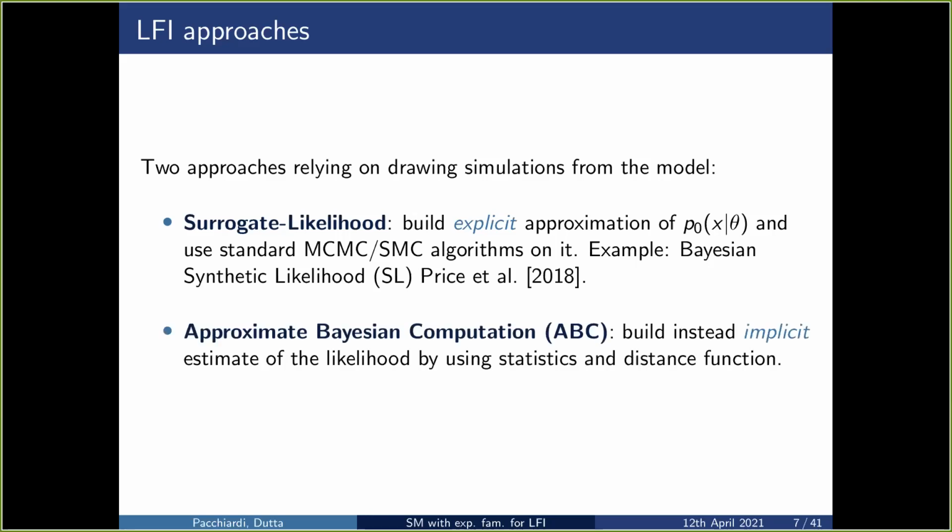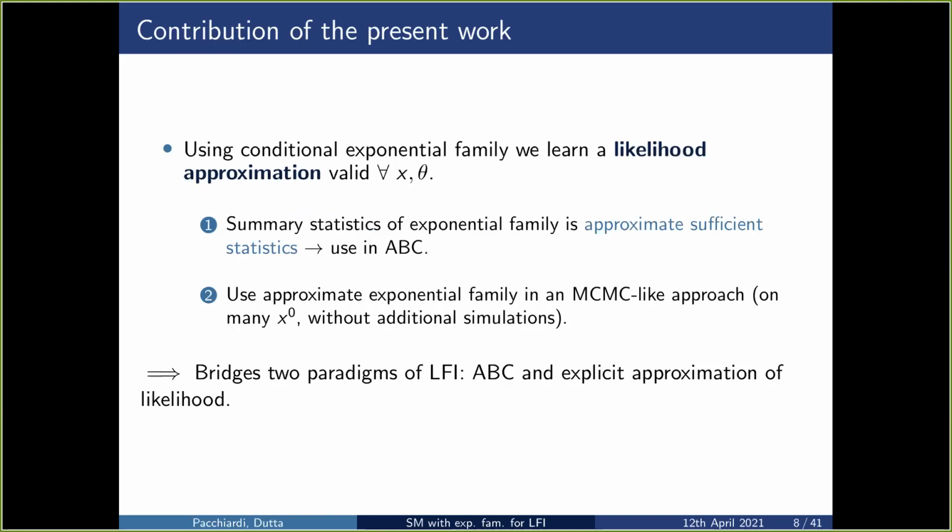The other way, of course, is approximate Bayesian computation, which gives the name to this conference too, where we try to build an implicit estimate of the likelihood by using summary statistics and computing a distance between those summary statistics. Now, our idea here was: can we build a bridge between these two things? We will be doing that by using a conditional exponential family, and we are going to do a likelihood approximation.